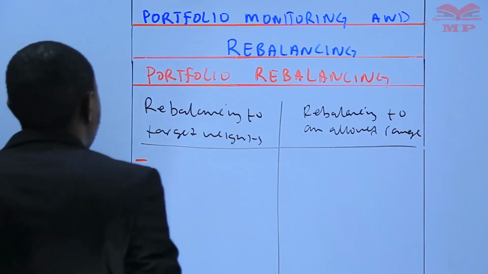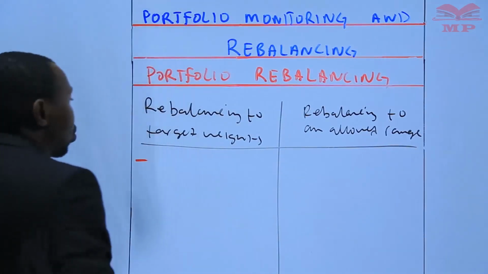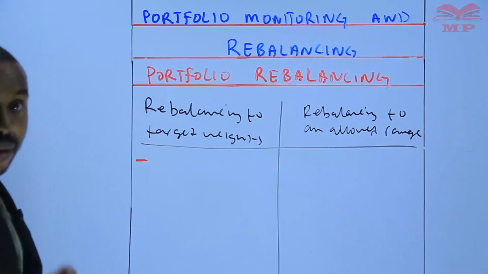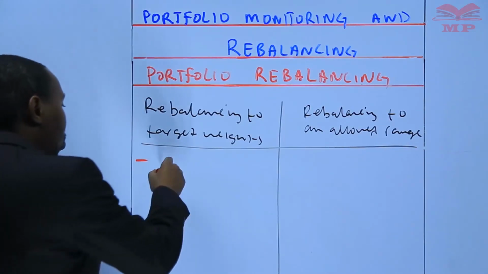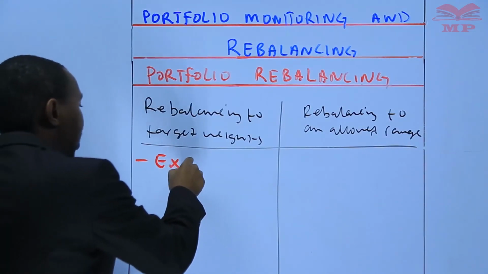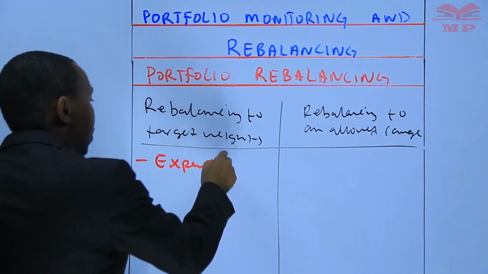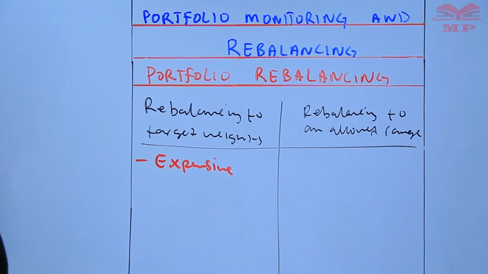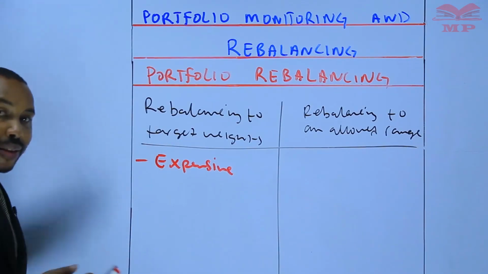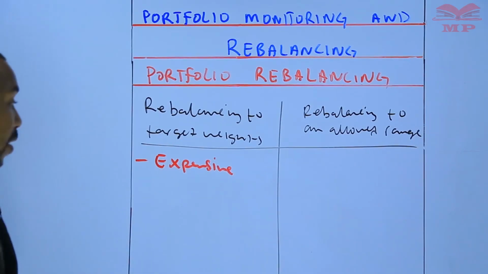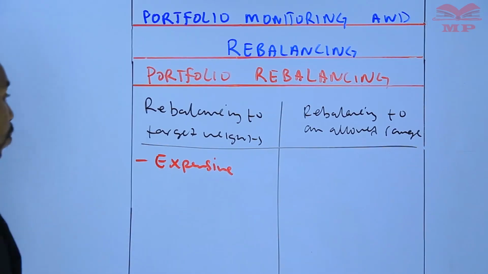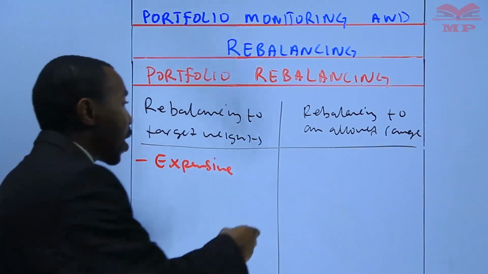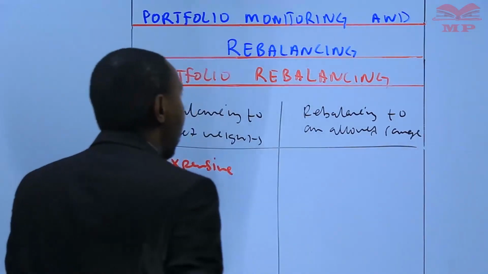The first point is that rebalancing to target weights is costly, or expensive, because we are going to rebalance and have a lot of turnover. Turnover means buying and selling of securities at a higher cost, and that proves to be much costlier as compared to rebalancing to an allowed range.